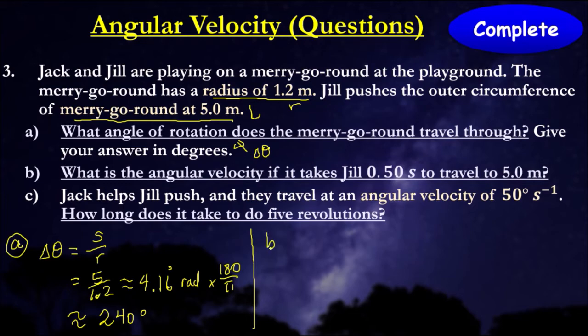Okay. Next is B. What is the angular velocity? So omega. If it takes Jill 0.5 seconds to travel the 5 meters. Again, we already have the angular displacement. It's 240 degrees.